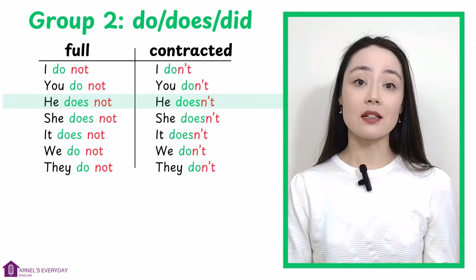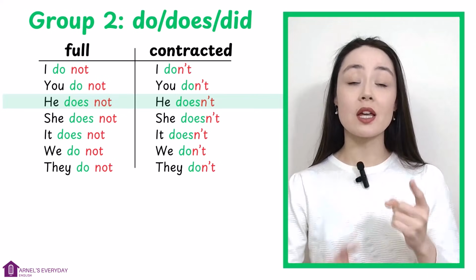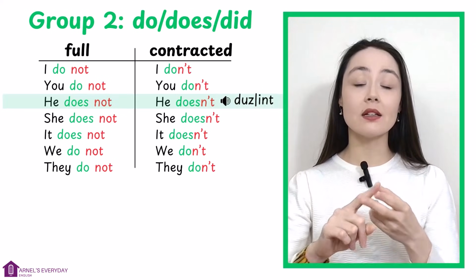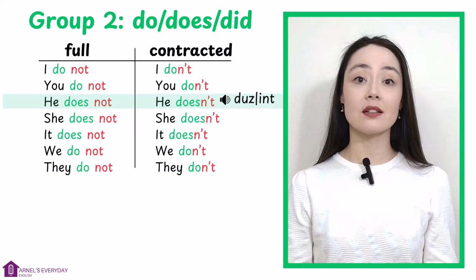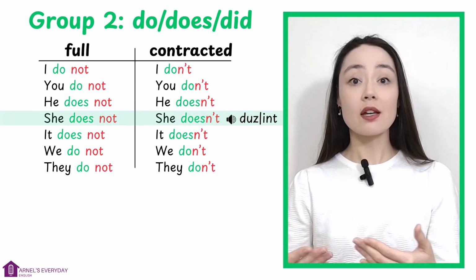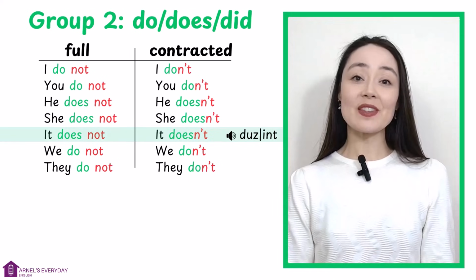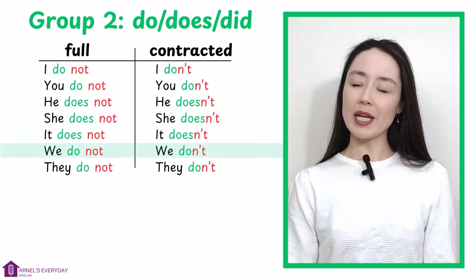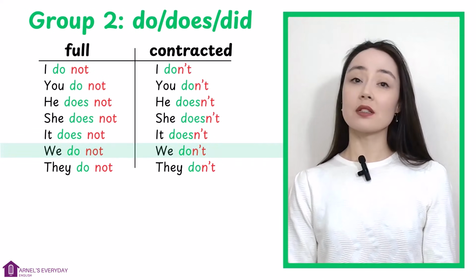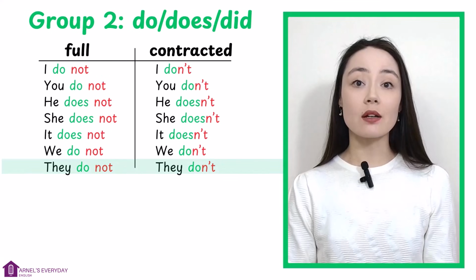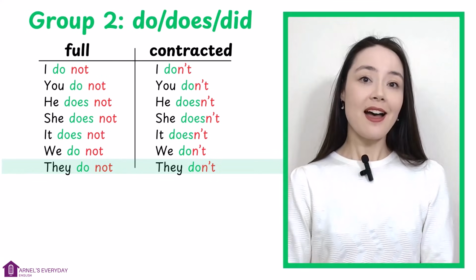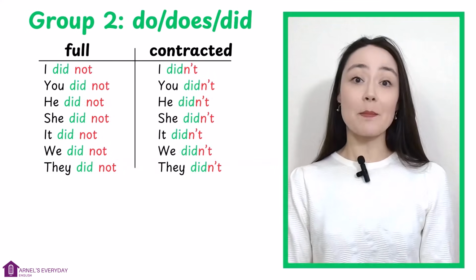He doesn't. Two syllables. Doesn't. She does not. She doesn't. It does not. It doesn't. We do not. We don't. They do not. They don't.